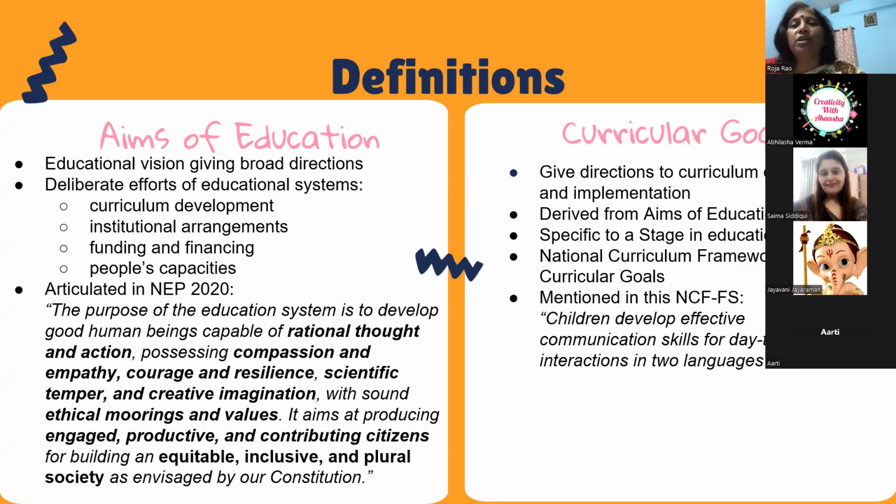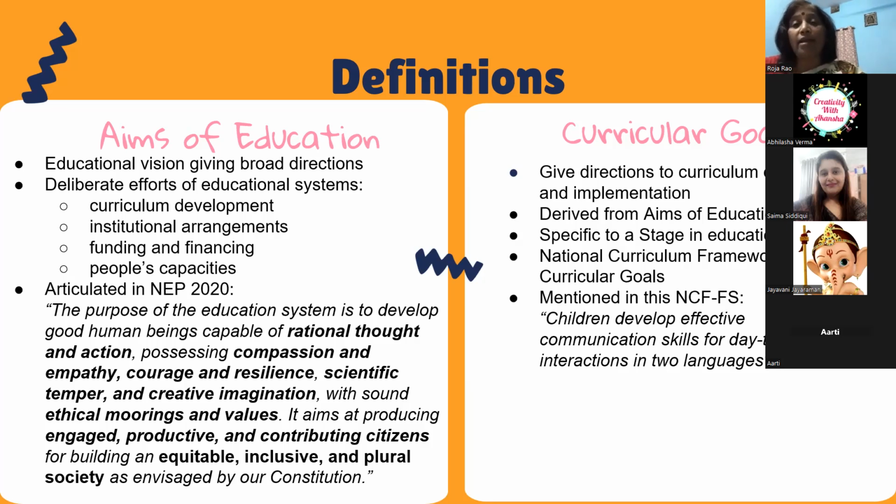And you can see the educational systems that are given here and many more. It's not only curriculum development or institutional arrangements and funding and financing or people's capacities. Beyond that also, it is required, the direction that the aims of education provide.